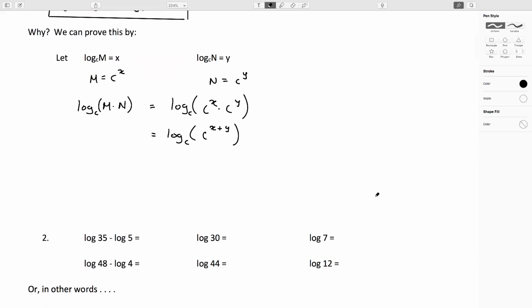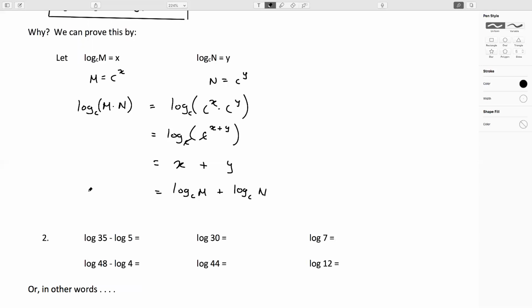We had a rule yesterday that if you have a power of your base inside the argument, you can simply cancel. So log base c of c to the x plus y is simply x plus y. Now if we go back to what we defined at the top, x is log base c of m and y is log base c of n.